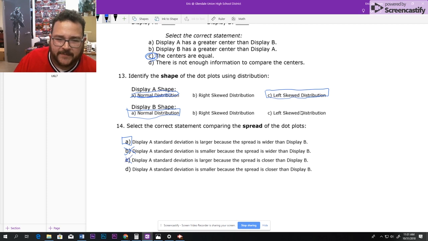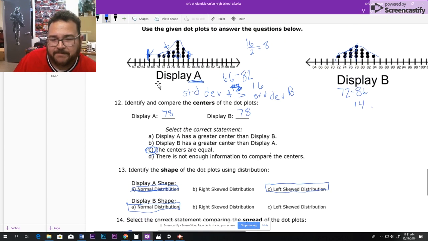That's a false statement. And then display A standard deviation is smaller because the spread is closer. The spread is not closer on A. Okay, so display A standard deviation is larger because the spread is wider than display B. And that is true. We have 16 versus 14. Okay, so this one is going to have a larger standard deviation than display B.